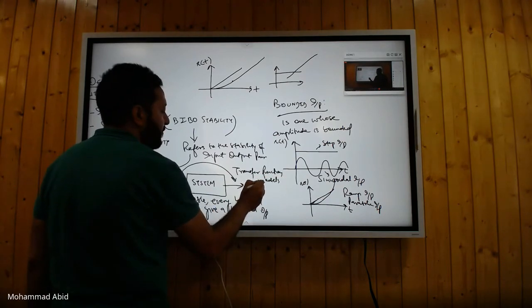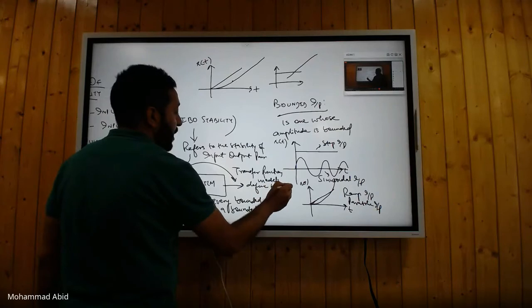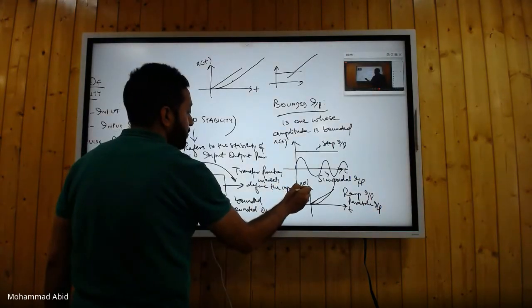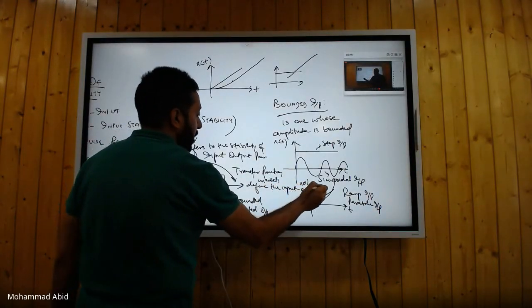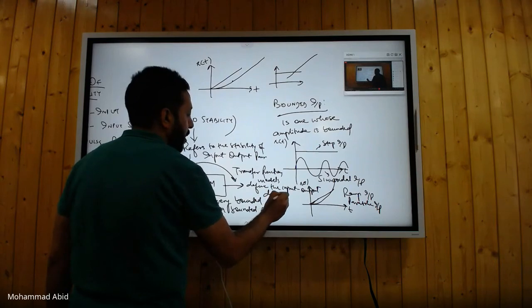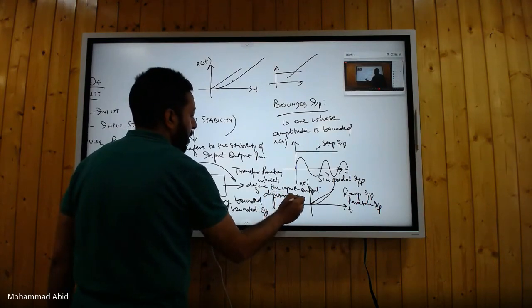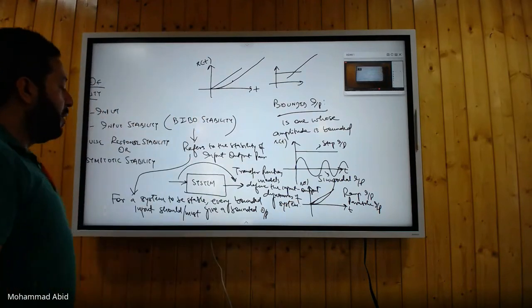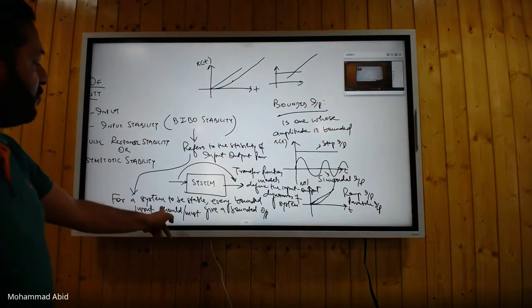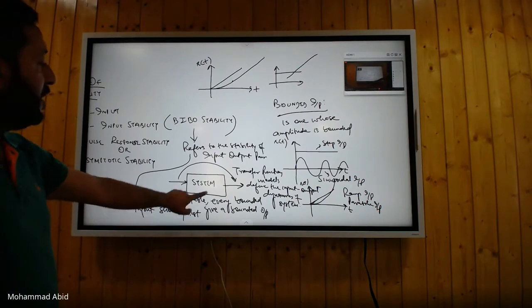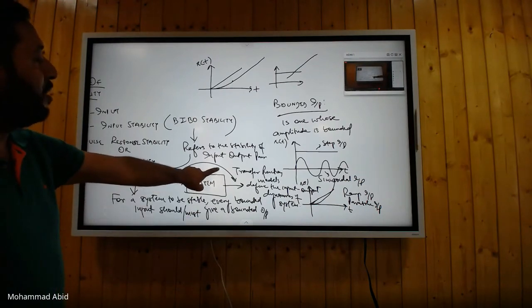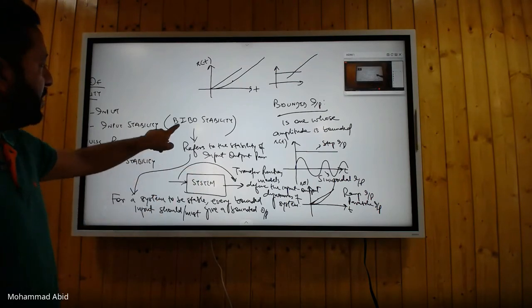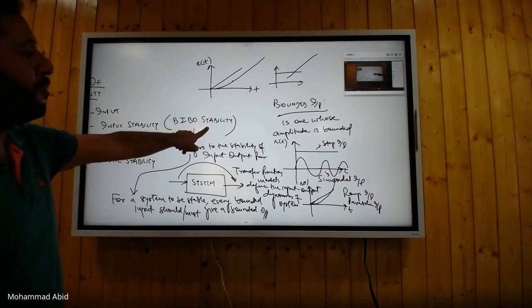Transfer function models define the input output dynamics of the system. So since this criteria refers to the relationship between inputs and outputs, the stability or the poles की जो information है वो आपको information देती है regarding this bounded input bounded output stability criterion.